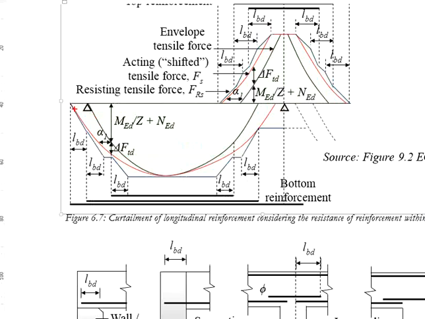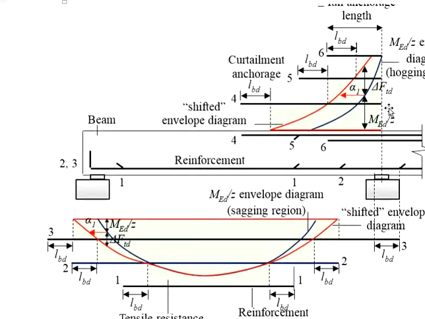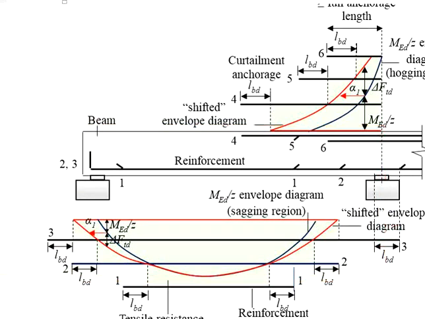Now that you have obtained the shifted tensile force diagram as represented by the red lines, it is now that you start providing the reinforcement. You may adopt the process that we discussed previously.